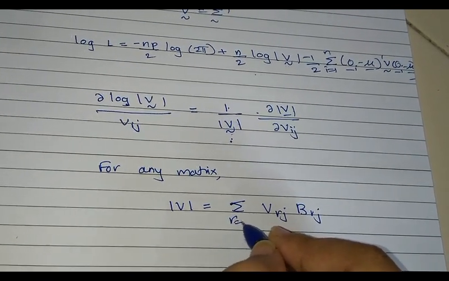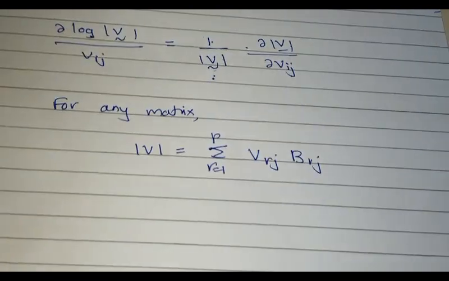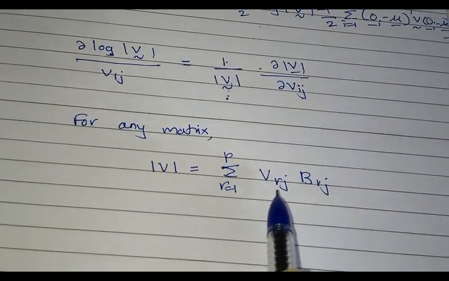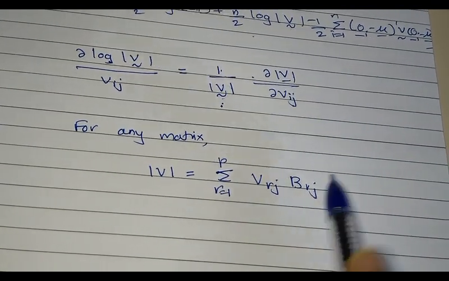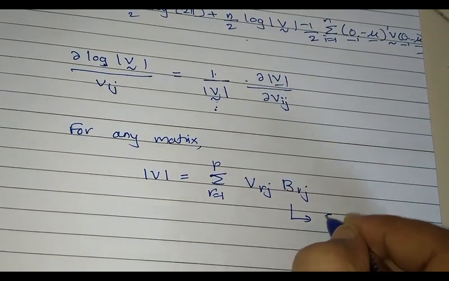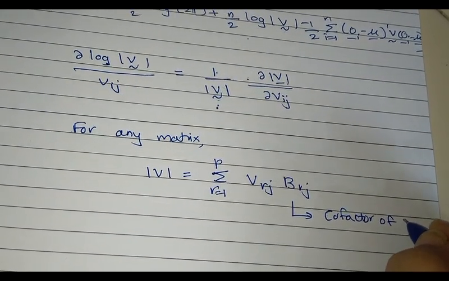So r is going from 1 to p because my V matrix is p cross p. So I'm writing the determinant by fixing the jth column: sum of V_rj B_rj, where B_rj is actually the cofactor of V_rj.